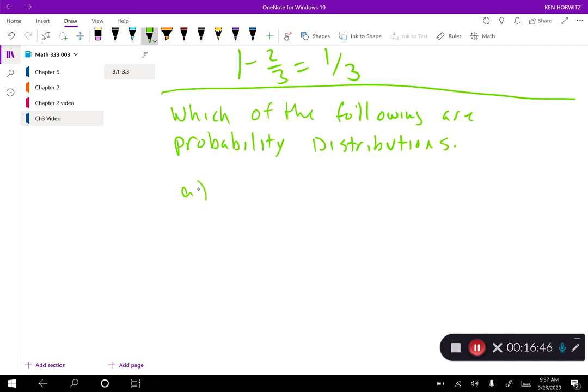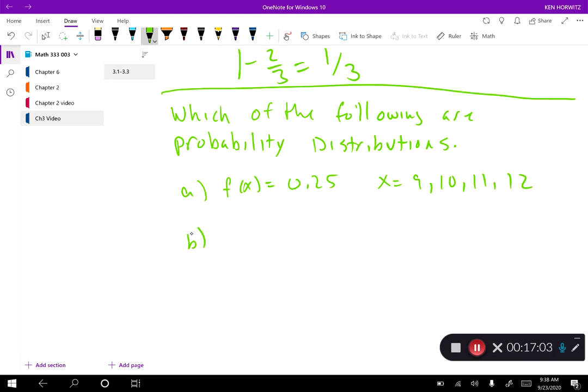So A would be f of x equals 0.25, x equals 9, 10, 11, 12.